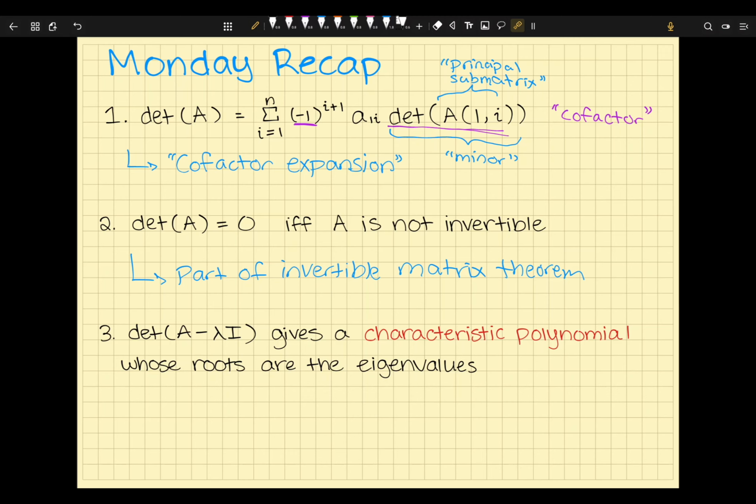Now we already had a way to compute eigenvalues. Last week we talked about the power method. What's nice about the characteristic polynomial is that one, for small enough matrices you can compute it reasonably by hand, and two, it gives us a way to compute all of the eigenvalues as opposed to just the largest one. All right.